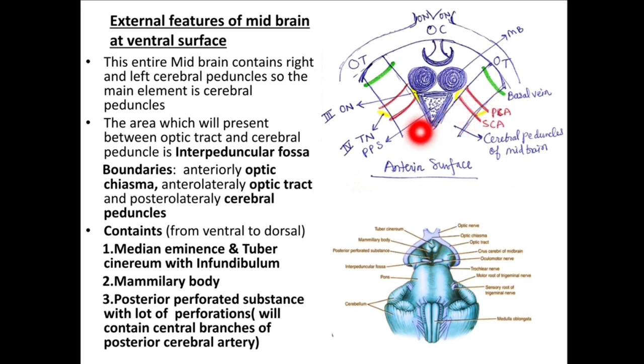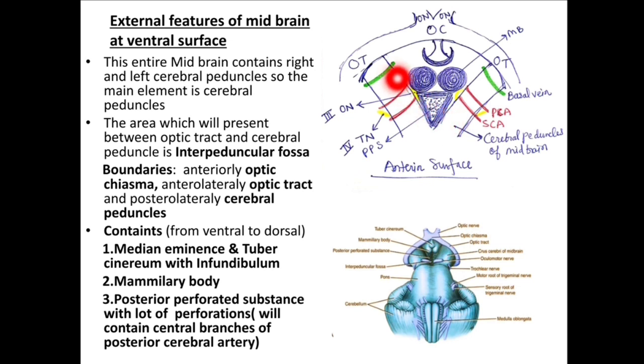External features at the ventral surface: the area between the optic tract and optic chiasma anteriorly and the cerebral peduncles posterolaterally is called the interpeduncular fossa. This fossa is bounded anteriorly by the optic chiasma, anterolaterally by the optic tract, and posterolaterally by the cerebral peduncles.